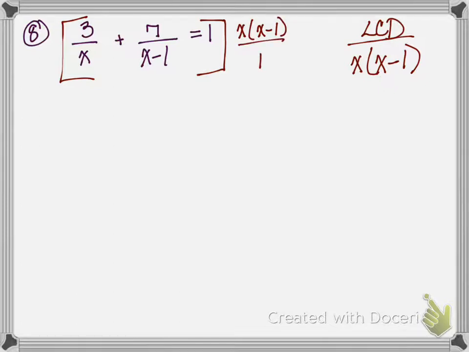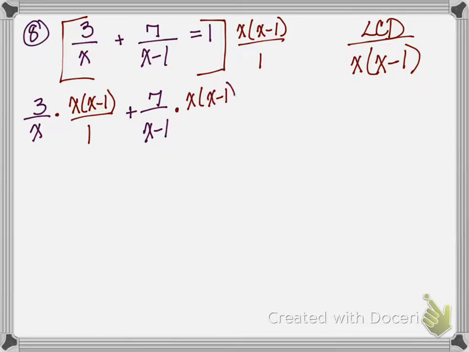Okay? So I have 3 over x times x minus 1 plus 7 over x minus 1 times x minus 1 equals 1 times x minus 1.